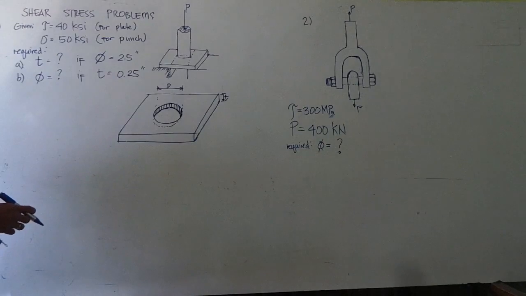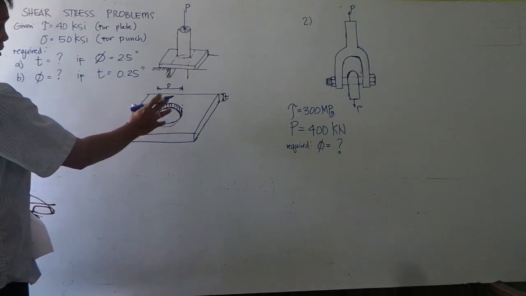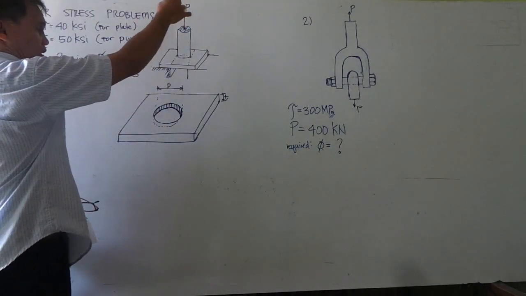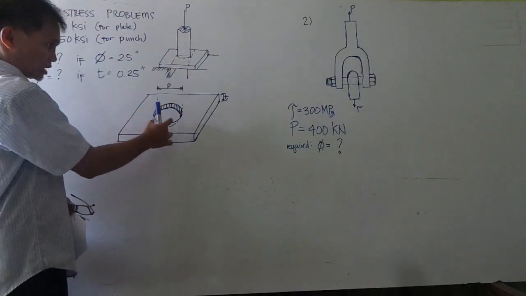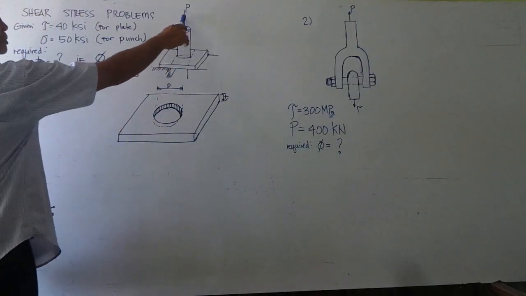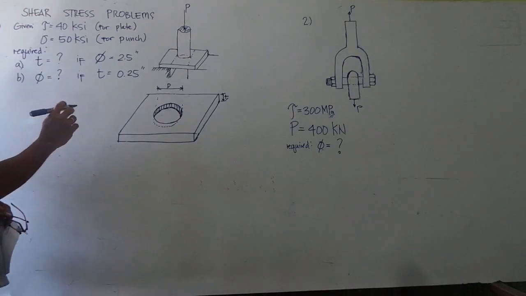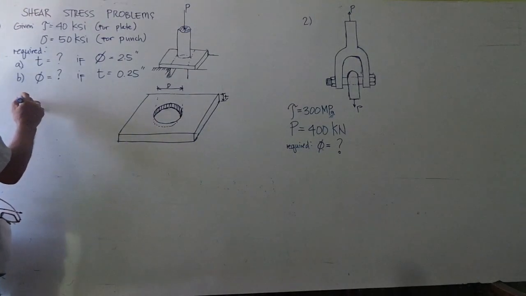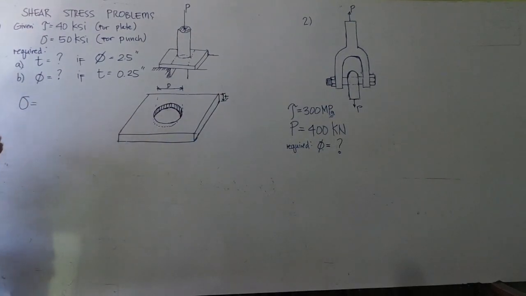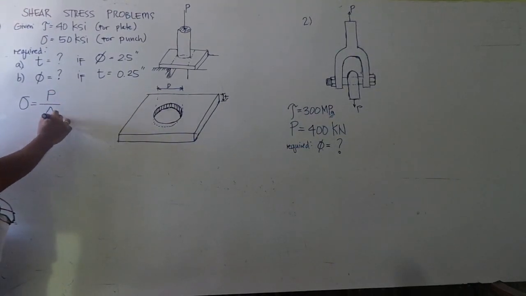To solve this type of problem, we must first know the force P, because this force P is the one that will tend to shear this plate. We can solve the force P from our direct stress, or axial stress, formula. So we have this formula, sigma is equal to the force P over the area.